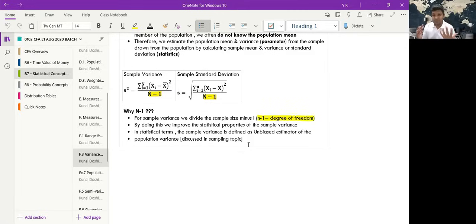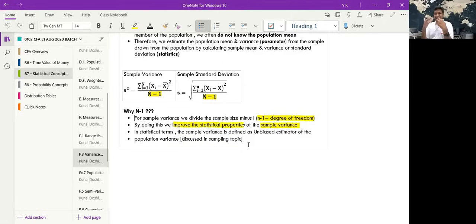Why do we do this? By doing this, we improve the statistical properties of sample variance. What do I mean by improve? We take a conservative approach, which means we don't assume that the population and sample risk are the same.